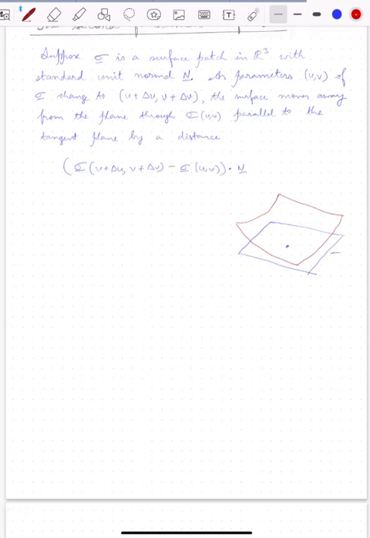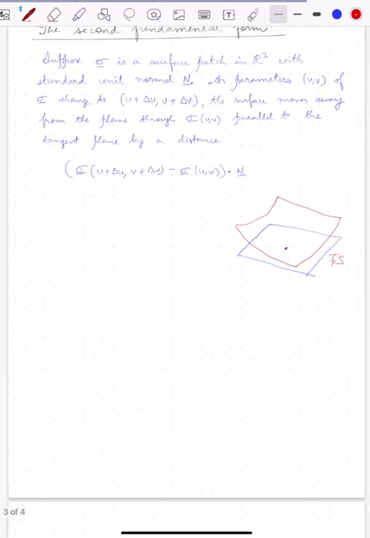So this is T_P S and this is of course point P. This is our surface S. So we have a point here.